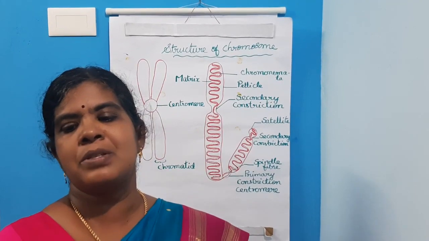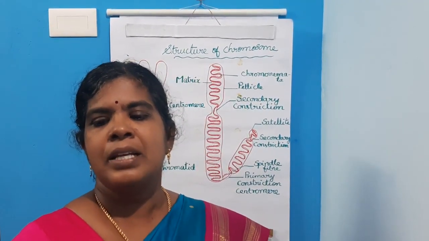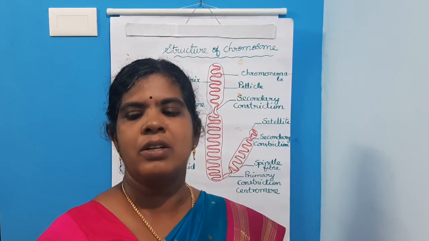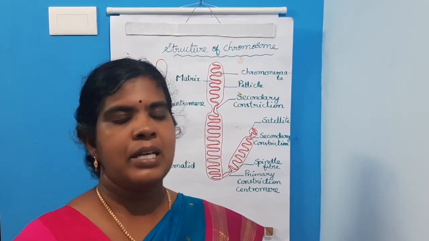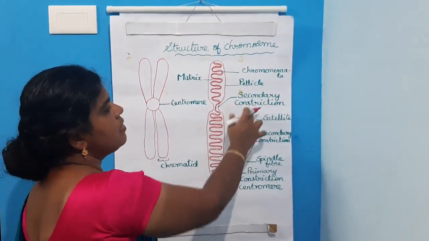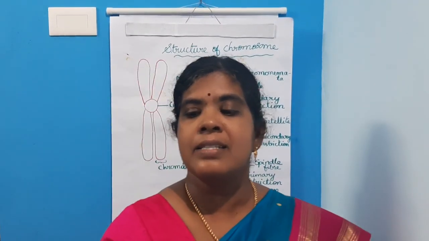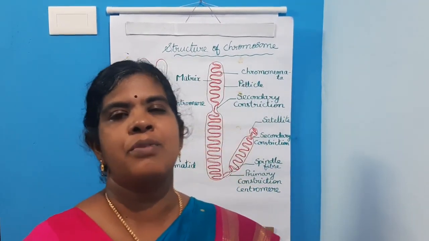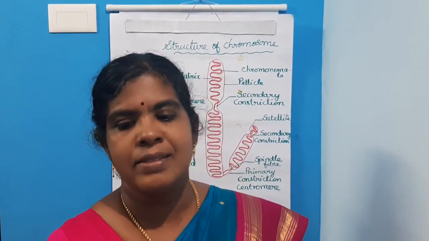Some chromosomes possess a secondary constriction at some point of the body. These regions are called the nucleolar organizer. This nucleolar organizer helps in the formation of the nucleolus in the nucleus.